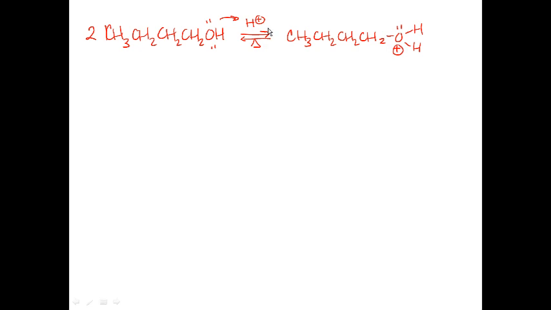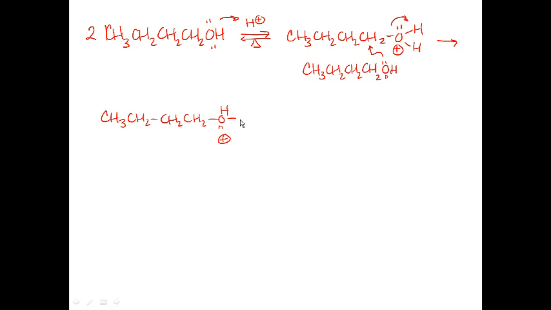And then if all that's present is the alcohol and a little bit of sulfuric acid as a catalyst, the second alcohol molecule can actually come in and do an SN2 reaction to kick off the water molecule to then give me what will ultimately be a protonated ether.